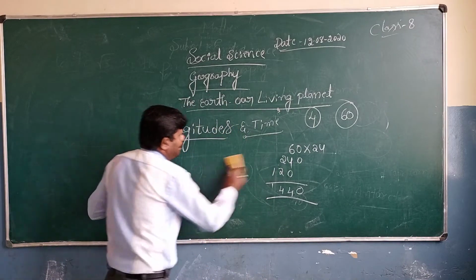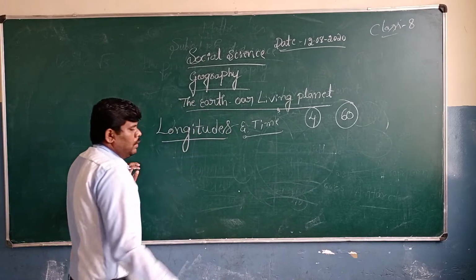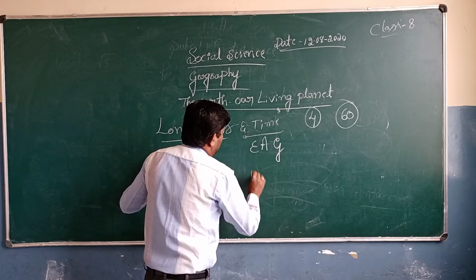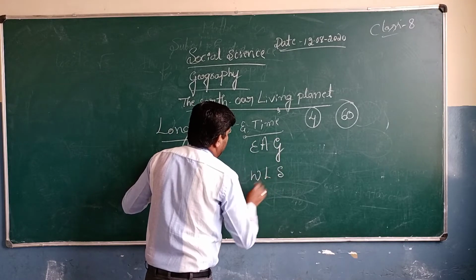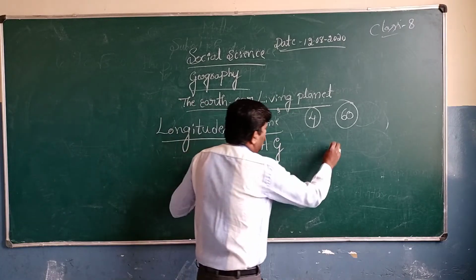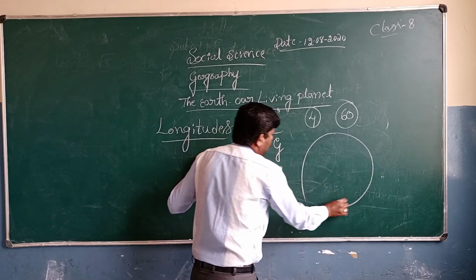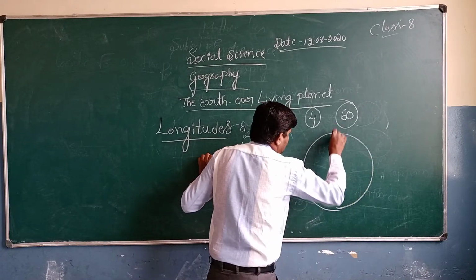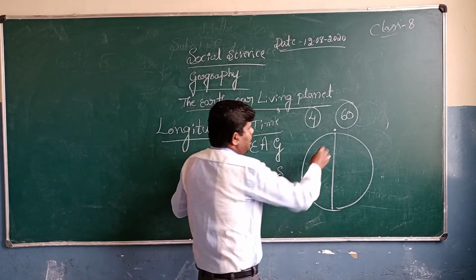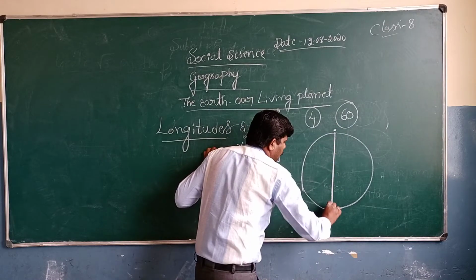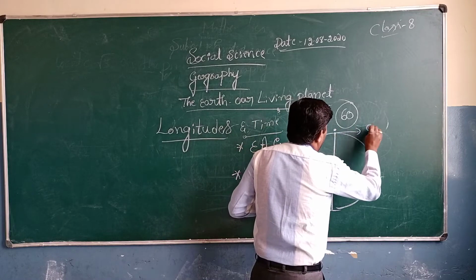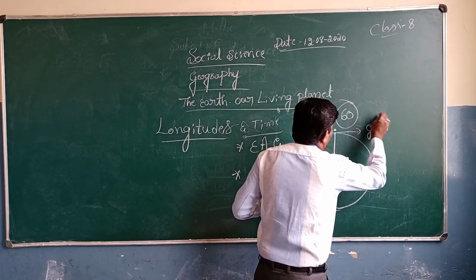So naturally we should remember some points here. What is the point here? EGA and WLS. So we learn this one point. Once again, this is the prime meridian. Mind this line passes through Greenwich in London. So this line is also called GMT, Greenwich Mean Time.